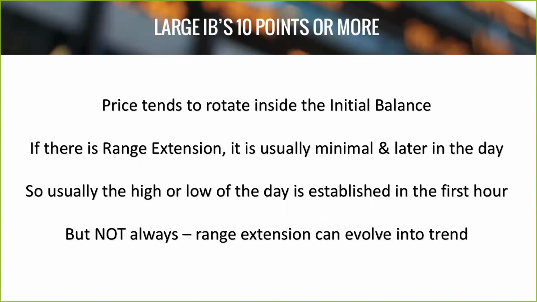More contracts equals more money, but only if the account can support more contracts and the risk profile of the account is not violated. For me, the big takeaway is that most of the time, either the high or low of the day is going to be established in the first hour, particularly with a large IB. You just have to decide.